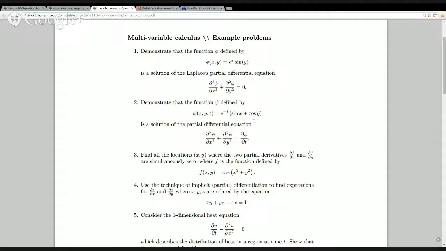And that same thing explains why the sine x has gone in the middle one. E to the minus t remains there because it was multiplying the sine x. You keep the constants that multiply the function of x when you're differentiating with respect to x.